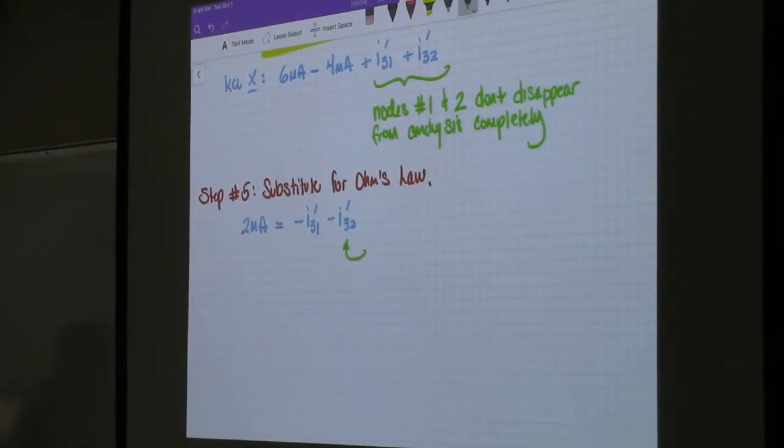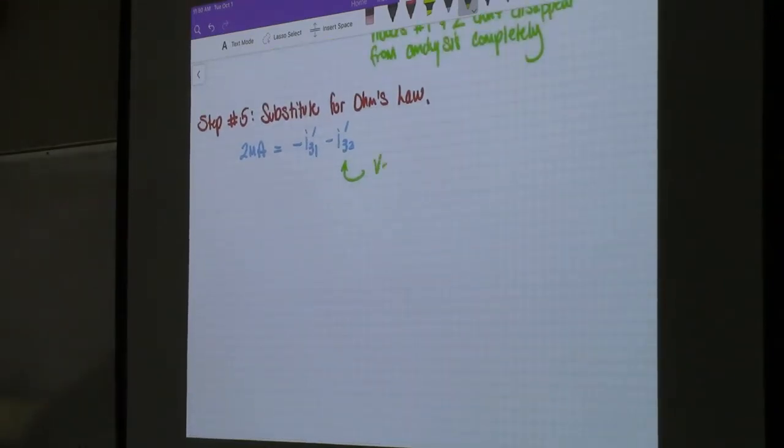How do we substitute for I32 prime? It's going to be equal to some voltage over resistance. What's that voltage going to be? Same subscripts, V32. Well, there's no prime; we never defined a V32 prime.